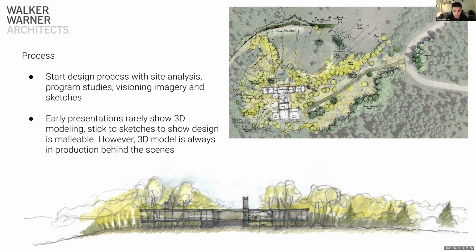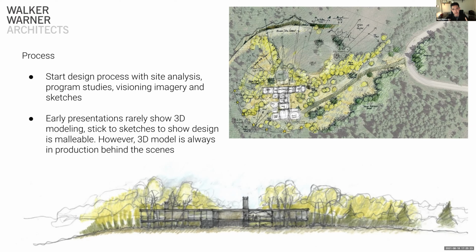Jumping right into it, often for the first or so design presentation meetings, we really like to keep things sketchy. This here is a sketch from one of our principals where we do all of our site analysis, our program studies, visioning imagery, and these sorts of illustrative sketches.